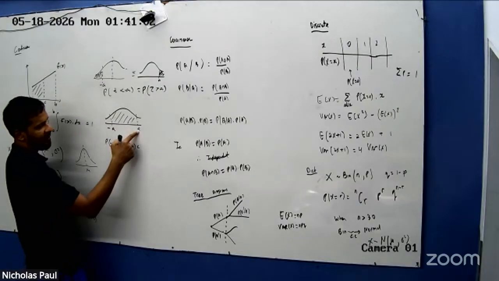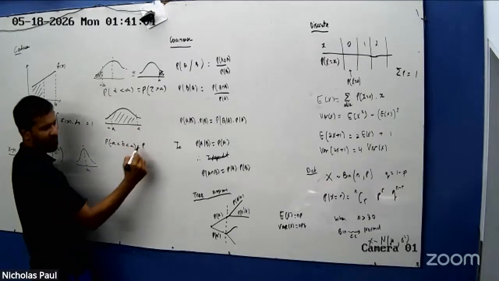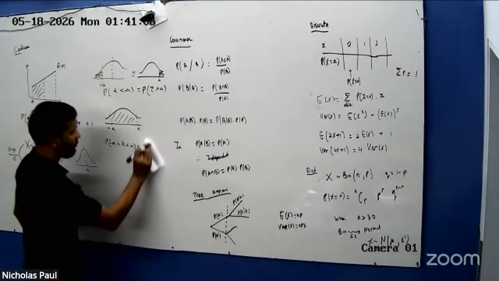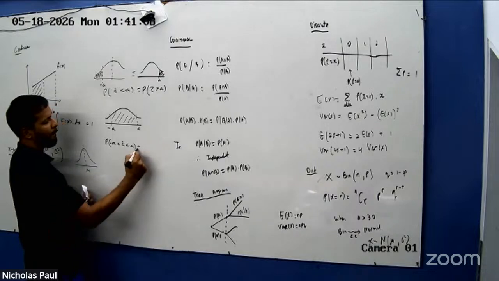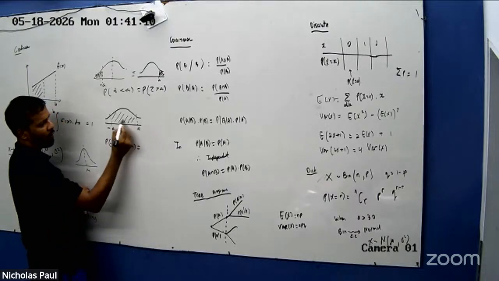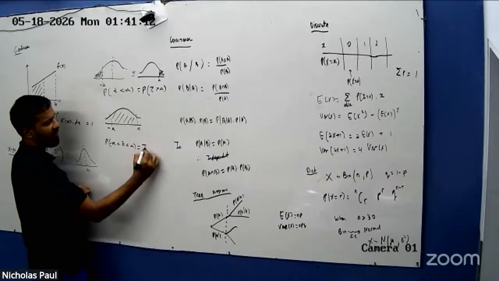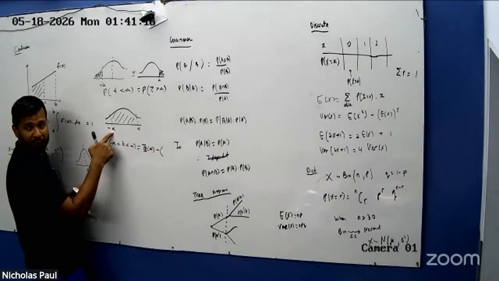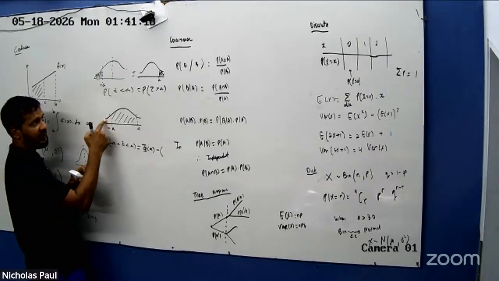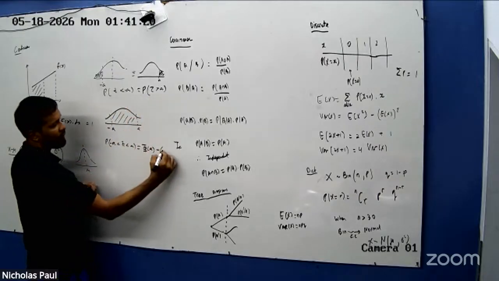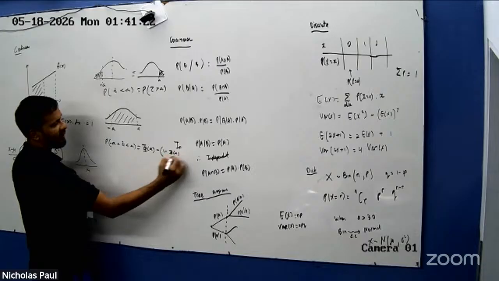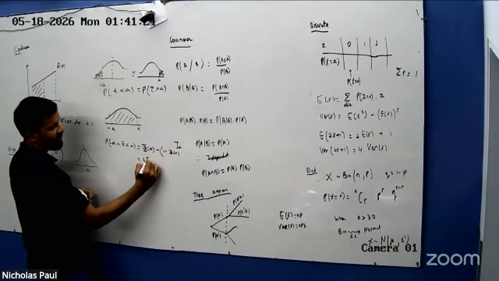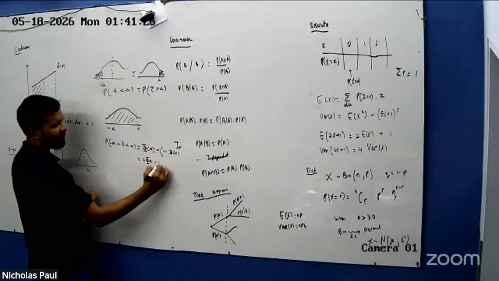The long way is to find less than A, which is phi of A, and then minus this piece here, which is 1 minus phi of A. So the formula becomes 2 phi of A minus 1.